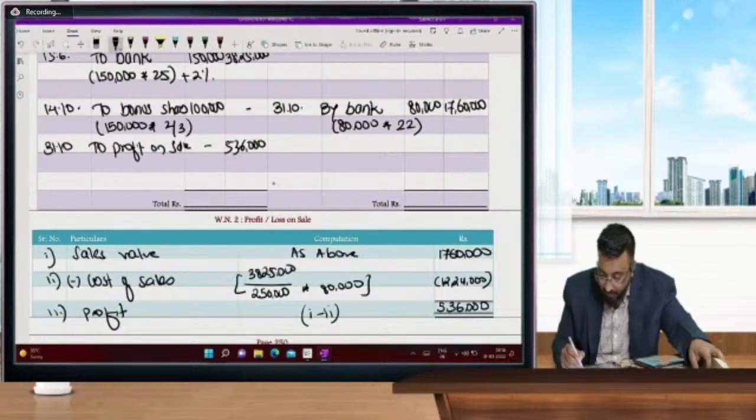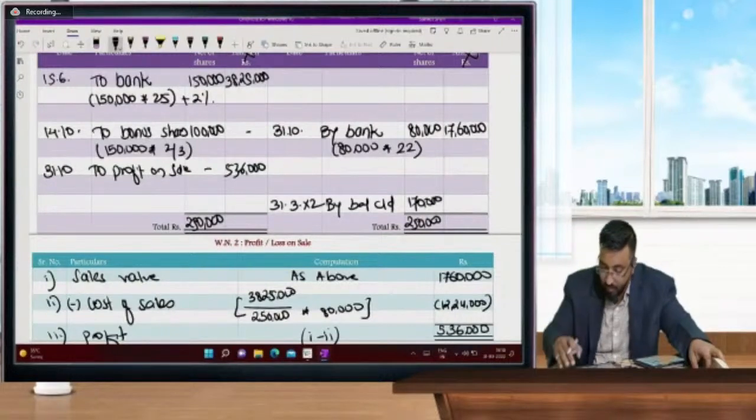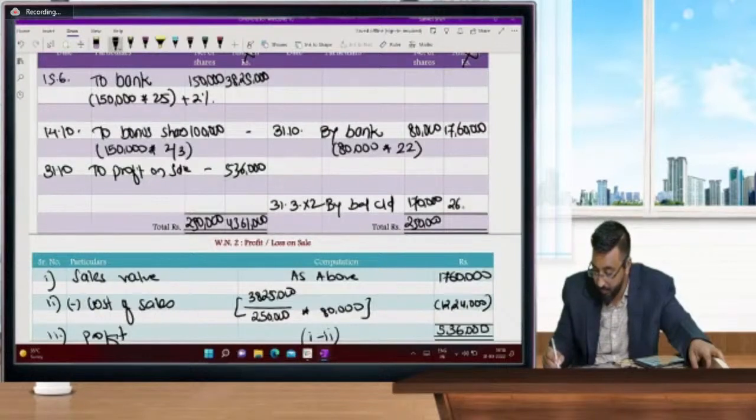And now balancing figure. 31 March, by balance carried down 2,50,000. 250 minus this 170. 3825 plus 536. 43,61,000 minus 1760. NRV is not given na, market price nahi diya. 43,61,000.